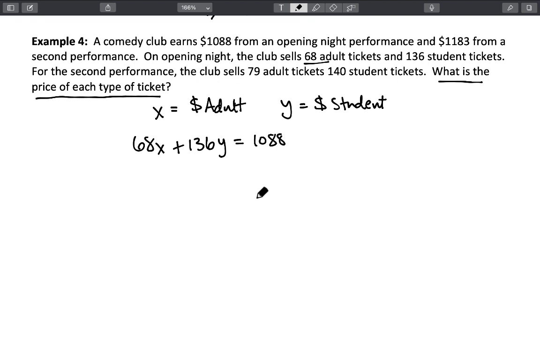The next equation in our system should be 79 adult tickets, so that's 79 times x. That's how much money they brought in from adult tickets. And then 140y for a grand total of $1,183.